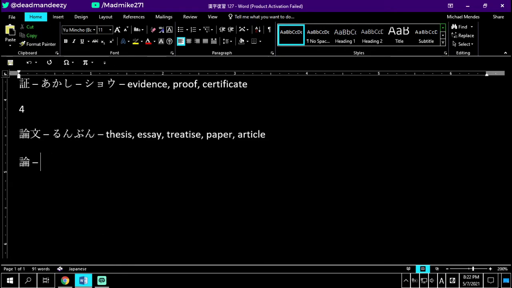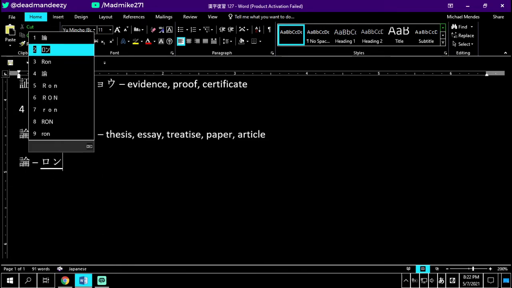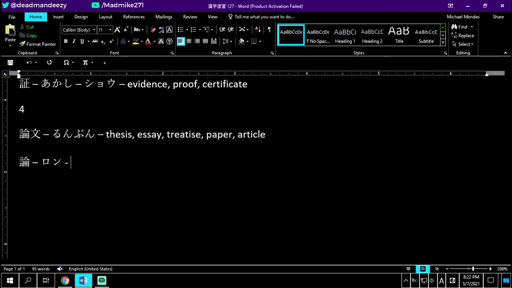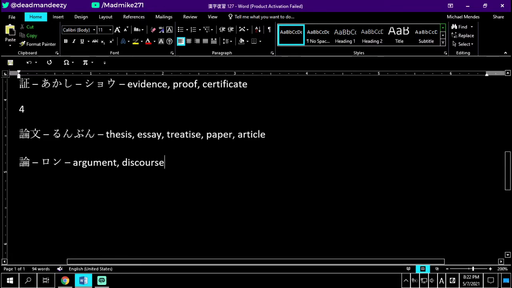Onyomi is ron, which is an argument or discourse. Literature. A script for an argument or discourse is a thesis or an essay. A person's single volume speech is an argument or discourse.